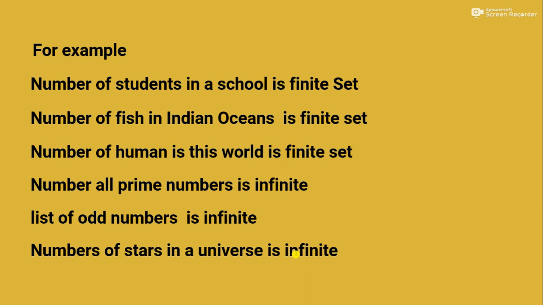Examples of uncountable sets are the set of stars in the universe, and the set of real numbers is also uncountable. So these are some examples of finite sets and infinite sets.